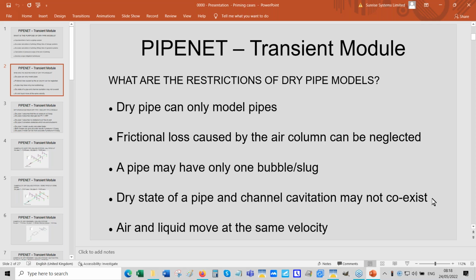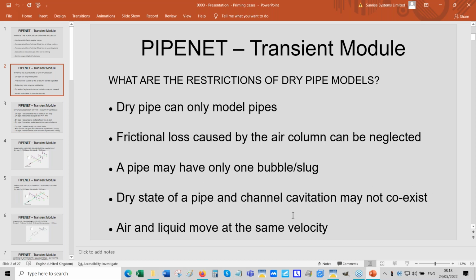You cannot have an air cavity in the same pipe, because then the model will not work. You cannot have air and vapor mixed together in the cavity. So that's why this limitation exists.